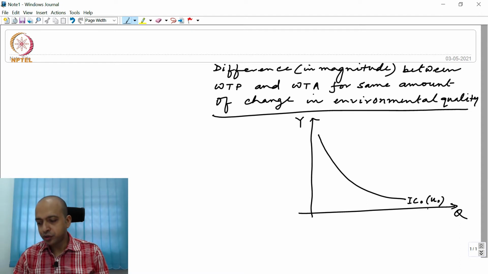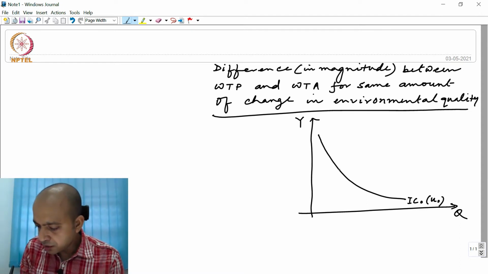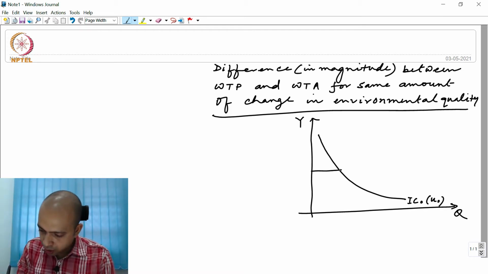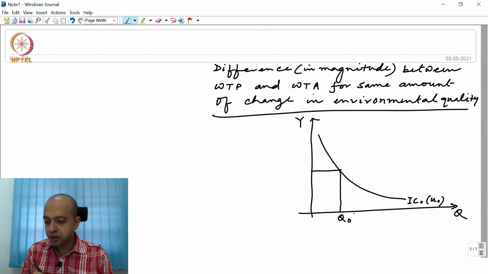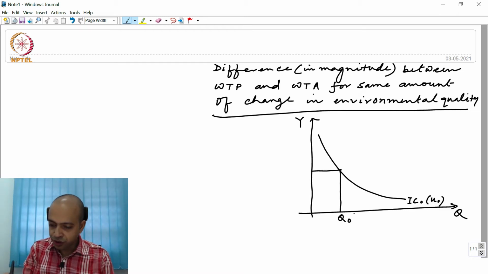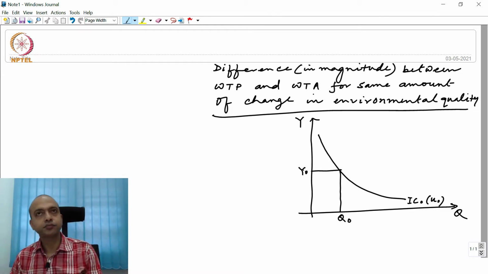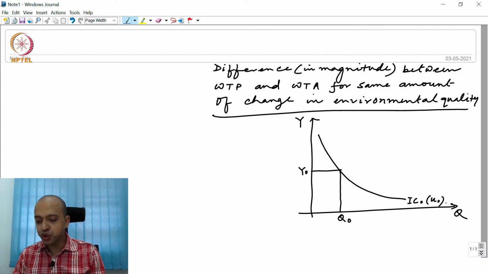So we take a specific point on this indifference curve, let's say A, and we say that initially the individual is enjoying Q0 amount of environmental quality, and this is, let's say, Y0 amount of income, which leads to U0 amount of utility or satisfaction.